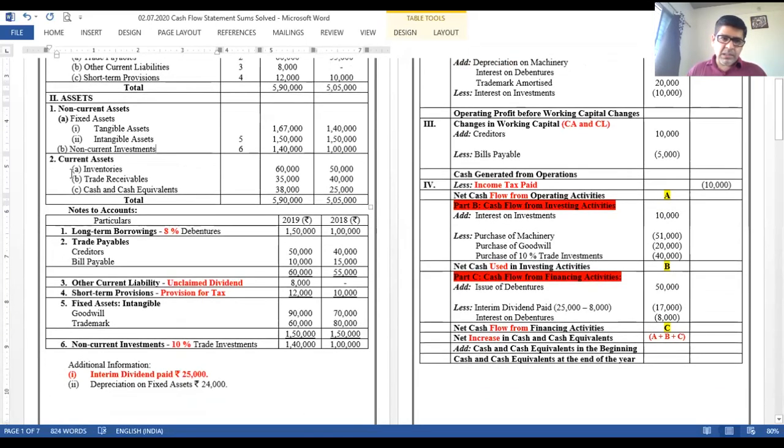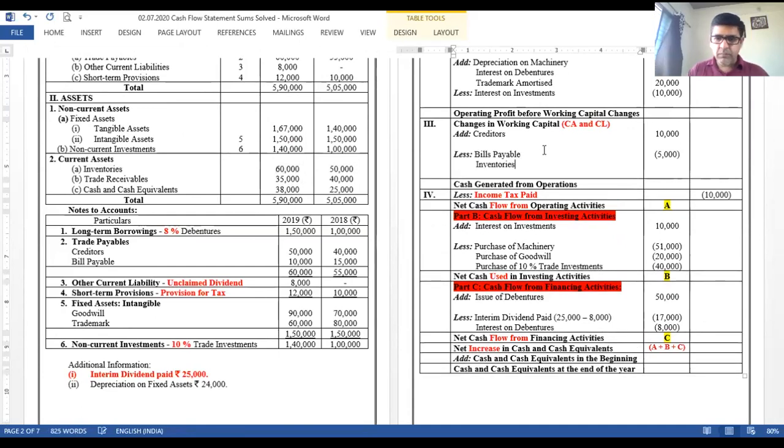Now current assets. It should click in your mind that it has to go to working capital. The first amount can be seen for inventories. Was 50 earlier and now it is 60. Increase in asset, that's outflow. So I'll deduct over there in the working capital part the increase in inventories, 10,000, right? After inventories, trade receivables.